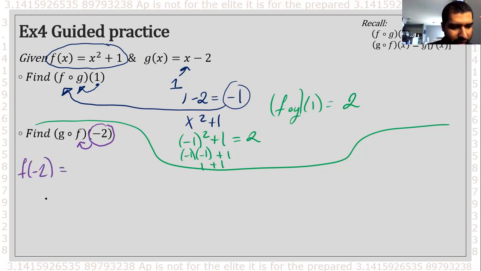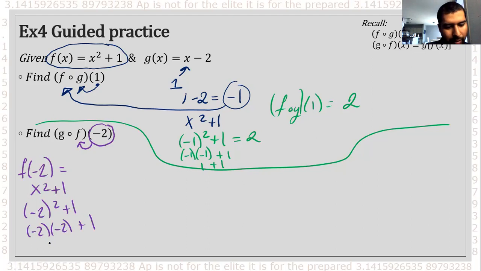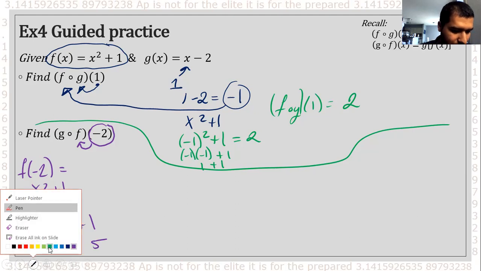My f is x squared plus 1, but now it's -2, so it's going to be -2 squared plus 1. That is -2 times -2 plus 1. Negative times negative is positive, and 2 times 2 is 4, plus 1, that is a 5. So all of this gave me a 5.